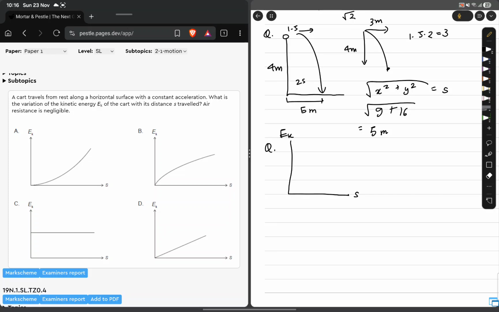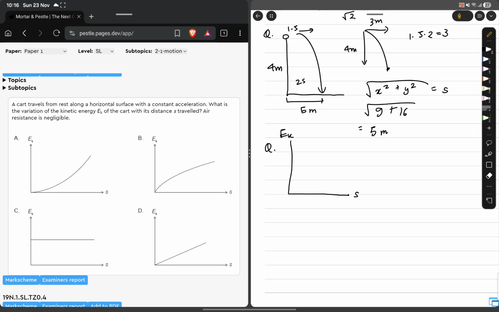It's starting from rest, so that means it can be C, with a constant acceleration, which means it can't be B or A, because those are curves, which means it's changing, but the acceleration is constant. So it has to be D.